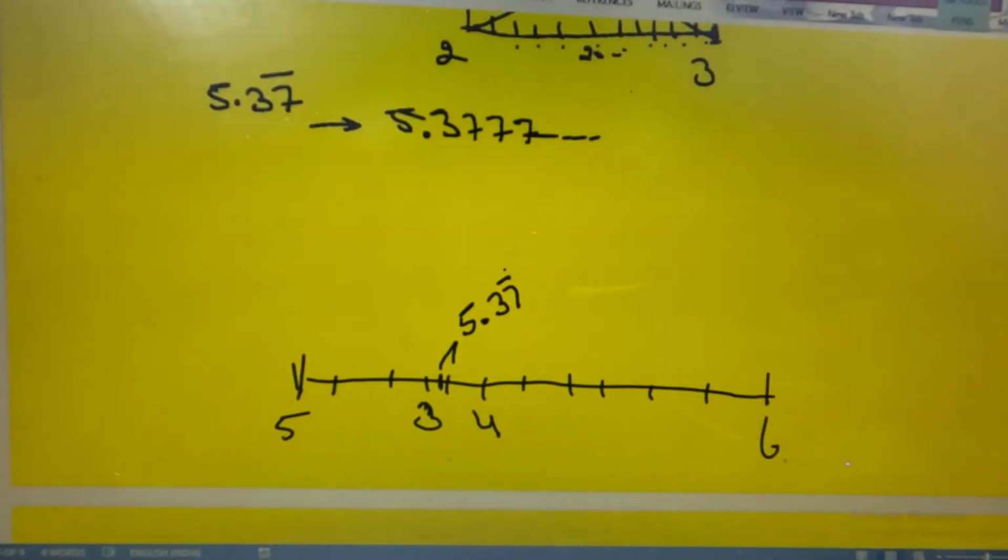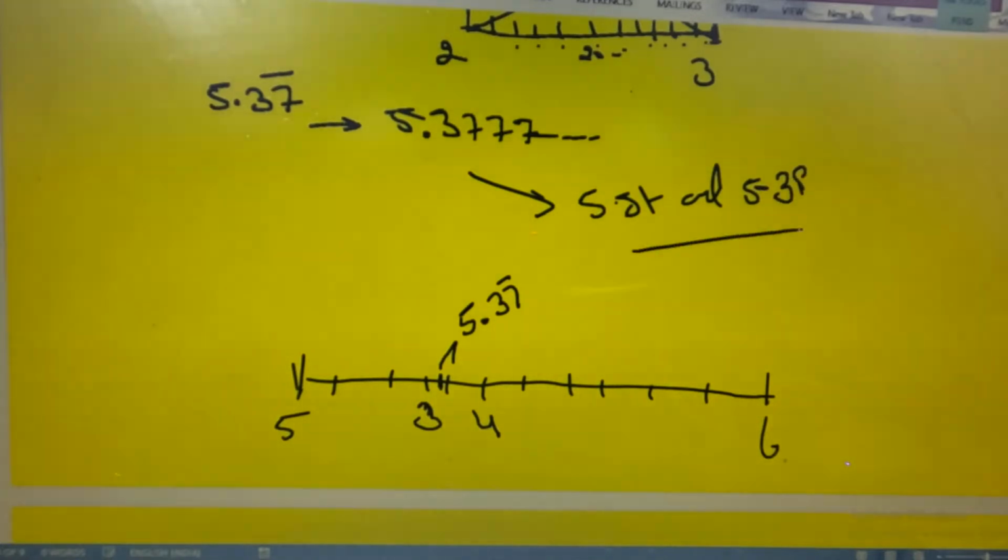To get a more accurate visualization, we divide the portion of the number line into 10 equal parts and use a magnifying glass to see that 5.37 bar lies between 5.37 and 5.38.